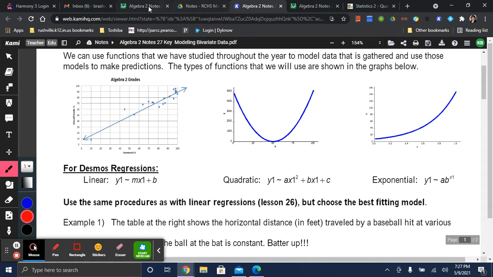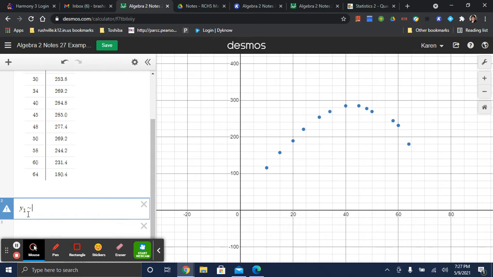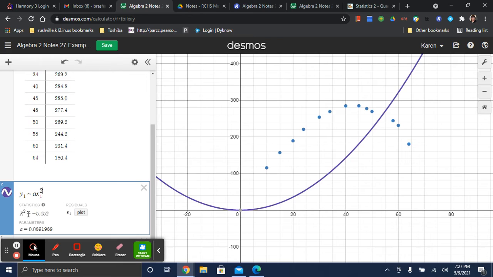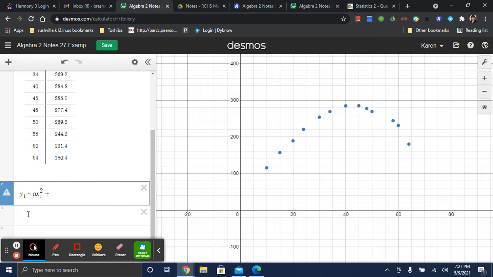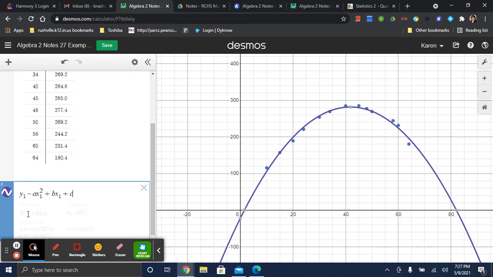In Desmos, hit add expression, and then type in y1, which will be a subscript, then the tilde, and then a x1 squared, plus b x1, plus c.